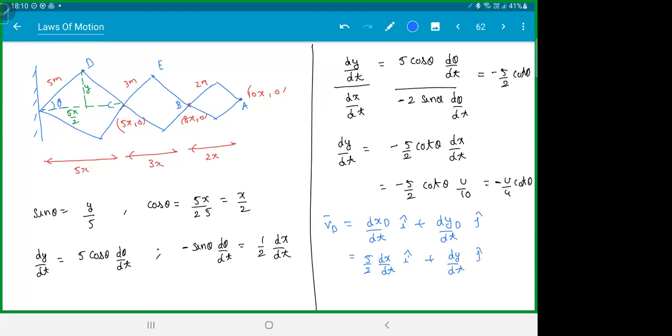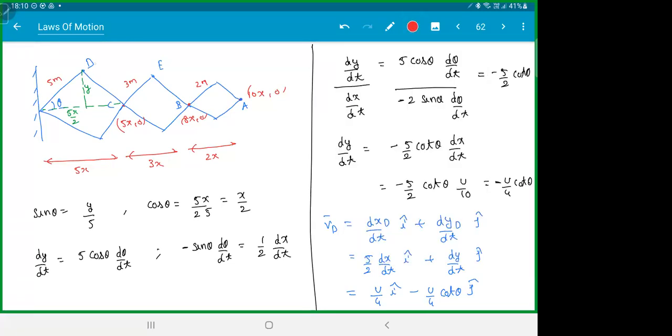And dx by dt is u by 10. So that would be u by 4. No, u by 10, no? Yeah, u by 4 i cap plus dy by dt is minus u by 4 cot theta j cap. That's the velocity of D as function of theta. Check.